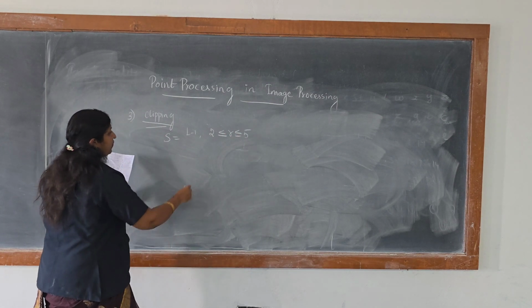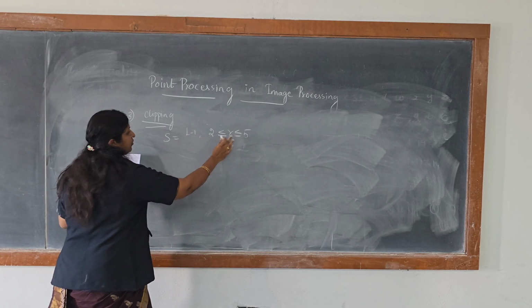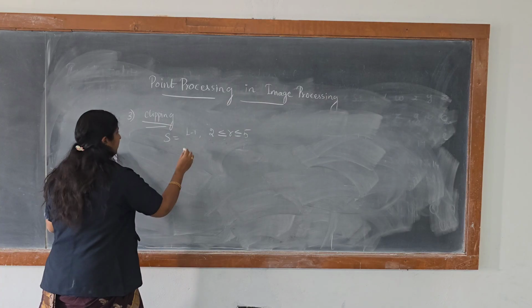So the value ranges from 2 to 5. If the R value ranges from 2 to 5, the value of S is L minus 1, otherwise 0.